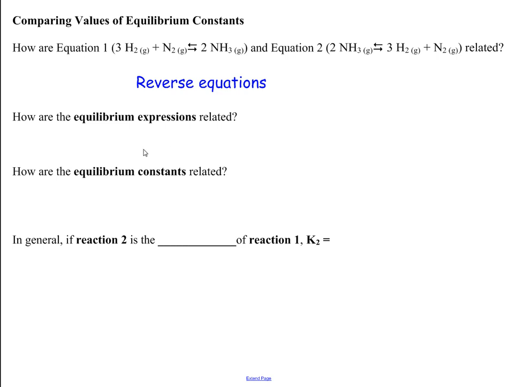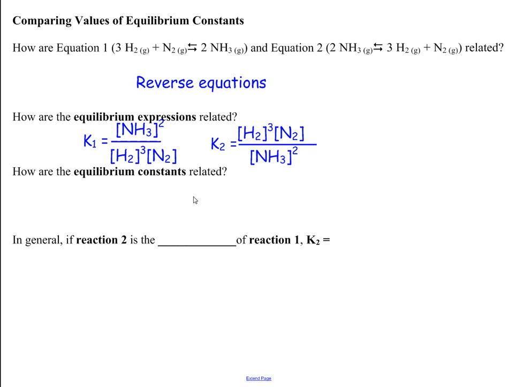Let's see how their equilibrium expressions are related. The first one has ammonia squared over hydrogen cubed nitrogen. The second one has hydrogen cubed nitrogen over ammonia squared. The reverse reaction has an inverse, 1 over the equilibrium expression. Reverse the equations, inverse the equilibrium expressions.